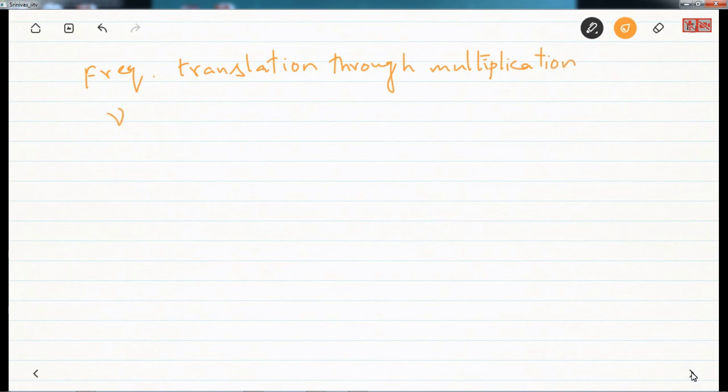Say Vm of t is a message signal, right? And we want to multiply that with Vc of t, which is the carrier signal.